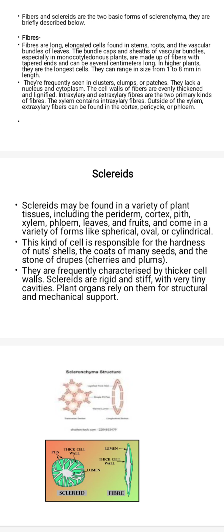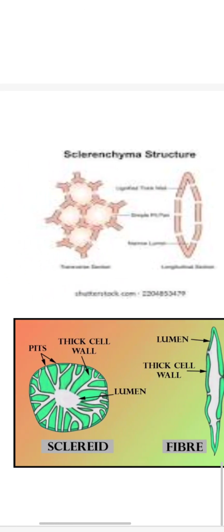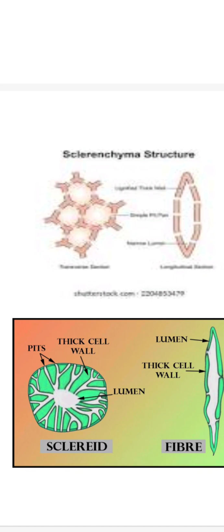This kind of cell is responsible for the hardness of nut shells, the coats of many seeds, and the stone of drupes. They are frequently characterized by thicker cell walls. Sclerids are rigid and stiff, with very tiny cavities. Plant organs rely on them for structural and mechanical support.